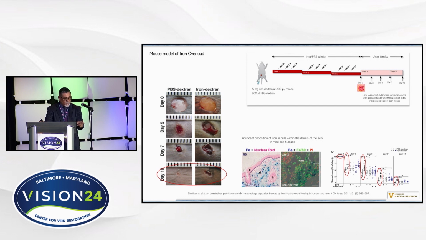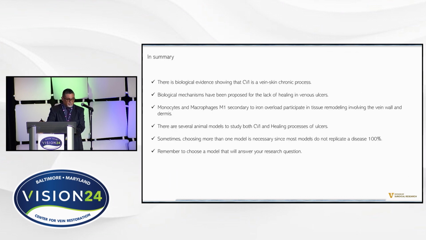In this work, they took samples from venous ulcers in patients and compared them with this type of ulceration in the setting of iron overload. And as you can see in the pictures on the left, first of all, with iron the ulcers didn't heal very well, but there is also a very close parallelism in the iron content of the M1 macrophages between ulcers in humans and this model.